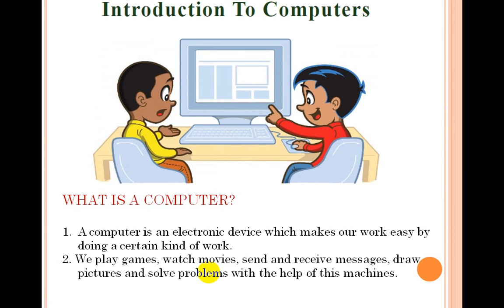The computer is also a device which can carry out calculations automatically, and the main function of the computer is to work very fast. And we also play games, watch movies, send and receive messages, draw pictures and solve problems with the help of this machine. So this is all about a computer.